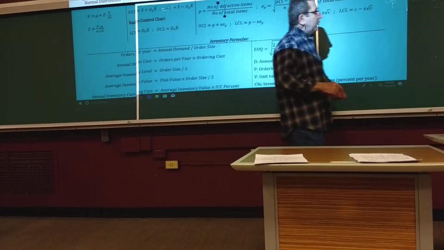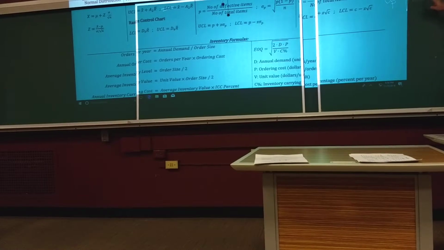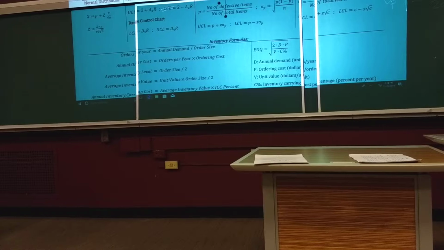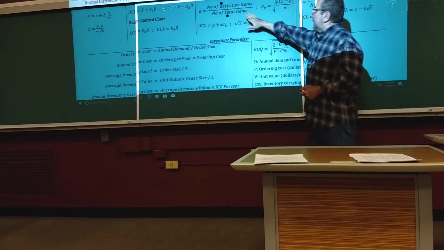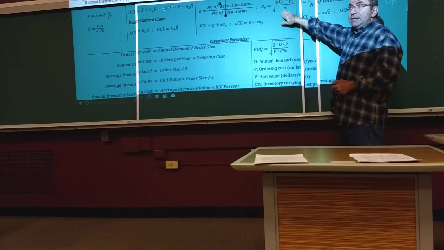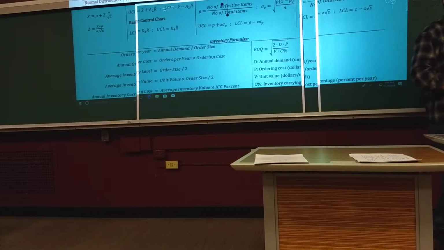So this is P, 0.025 is P, times 1 minus P, which is 1 minus 0.025, and 200 is the sample size. Okay, so now we know what P is, and what the mean and standard deviation are.